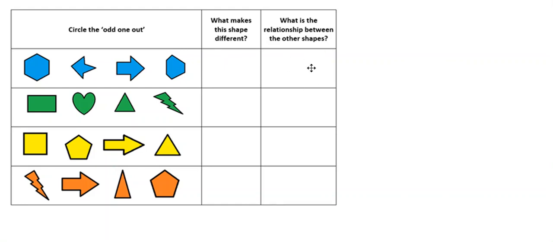So for example, if this one is the odd one out because it has got 8 sides instead of 7, then the relationship between the other shapes would be that they all had 7 sides. Okay, so I would like you to pause the video now and have a go at that.